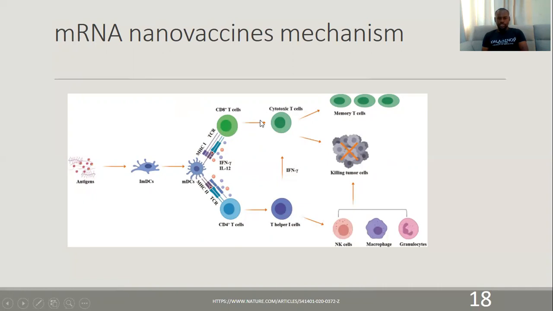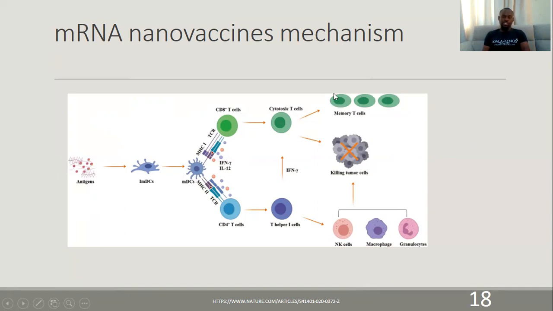So the cytotoxic T cells differentiate further to form memory T cells, and some of the cytotoxic T cells release toxins which kill the tumor cells. And the memory T cells are actually important, as I've explained earlier on, because immunotherapy also provides protection for the body after the treatment.